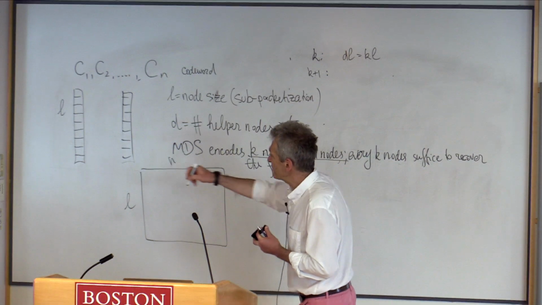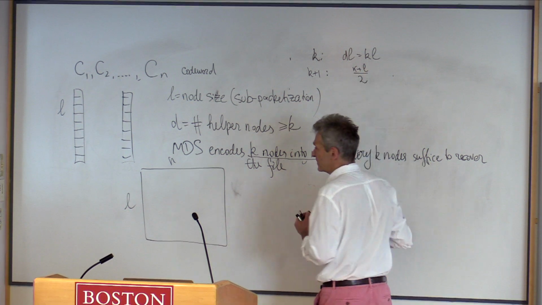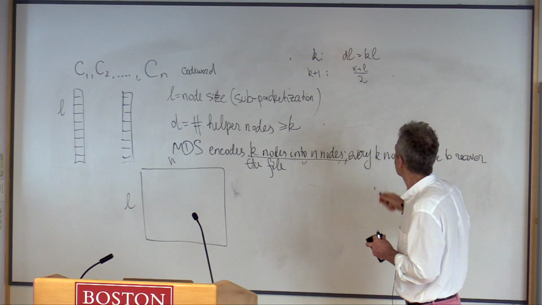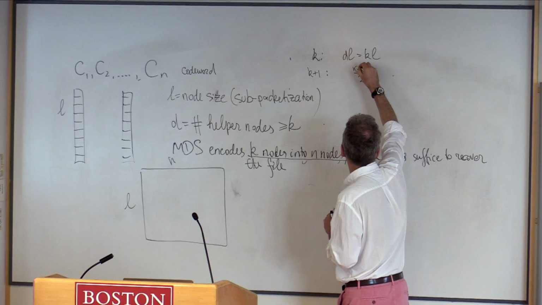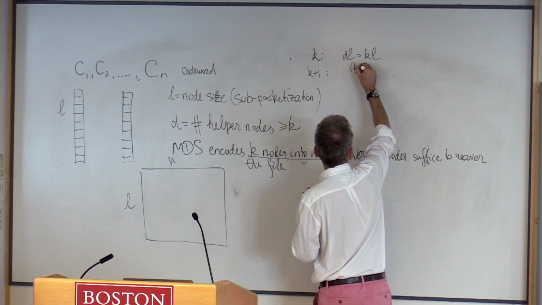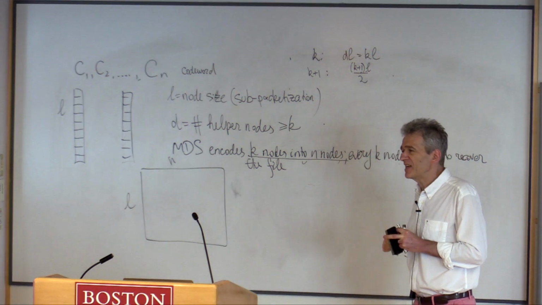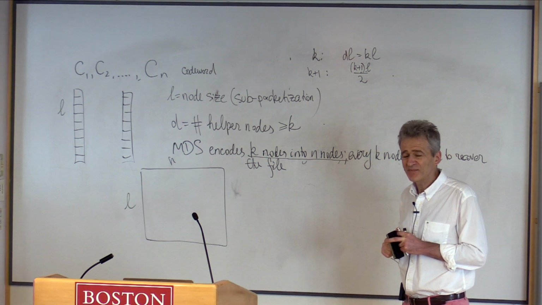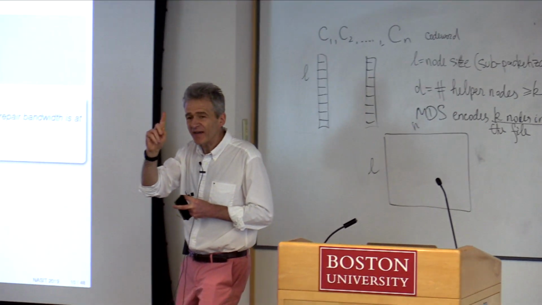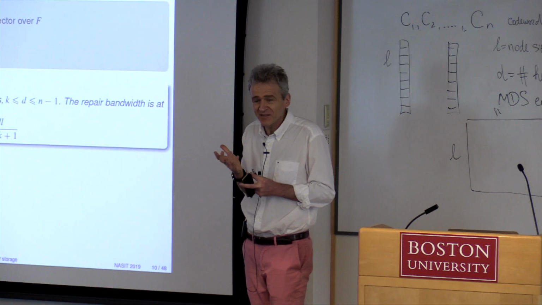Then we have (k plus 1) times L divided by 2. Let us pretend that k is the same as k plus 1; that is not as much of a stretch. So we have, in fact, managed to correct one erasure by transmitting half of the symbols compared to contacting k nodes. That is a stunning development, right?